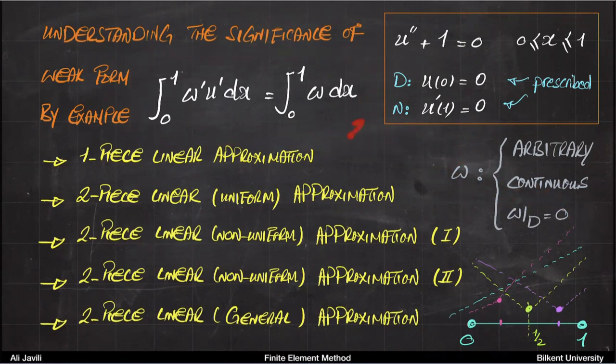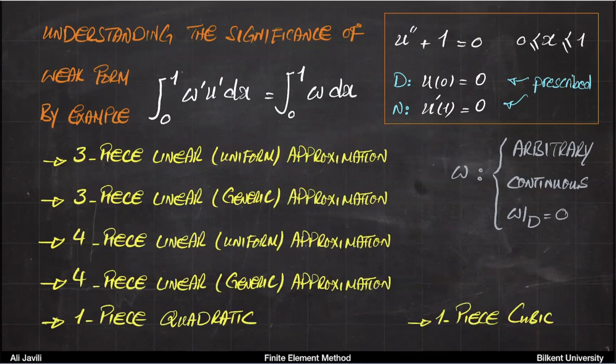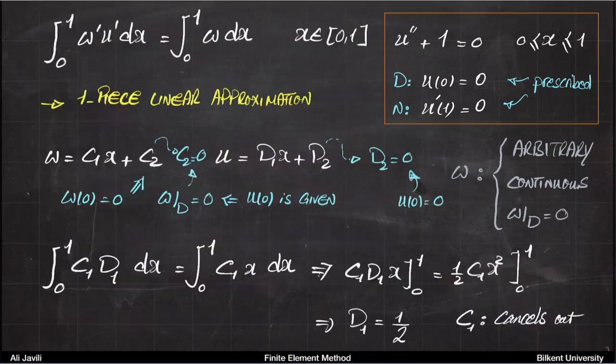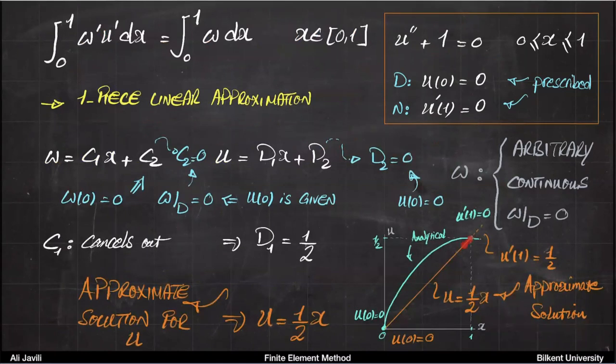So we did these. We included, let's say, 5 different ways of approximating it. Today, we want to extend that idea and include 5, 6 more. Just to remind you, a simple approximation would be, for instance, a one-piece linear approximation, in the sense that you just want to approximate this thing with one piece, and then you get this line.